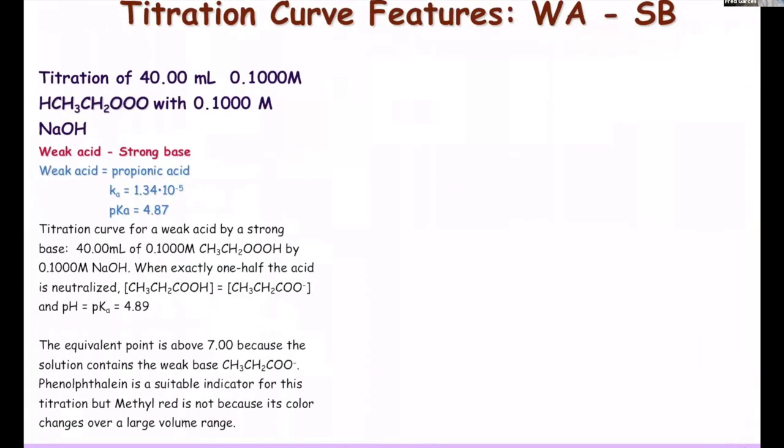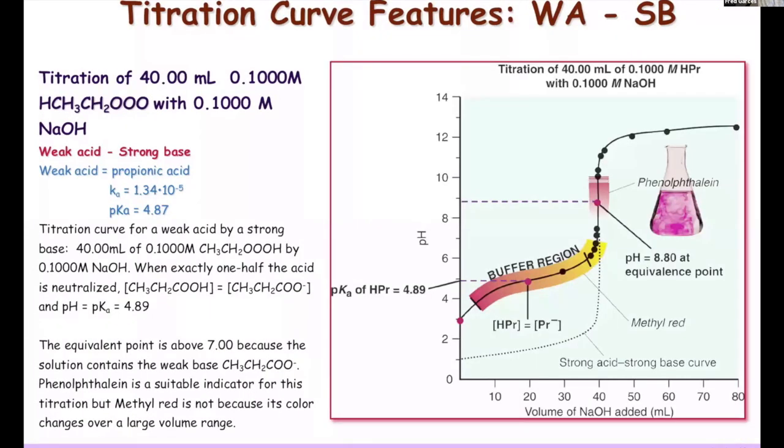This is the features of a weak acid, weak base. And this is the strong chemical right here. It starts high. What happens is that you initially go up, but then it plateaus out. That's your buffer region right there. And then it hits the equivalence point. And notice that the equivalence point is above 7. Why?